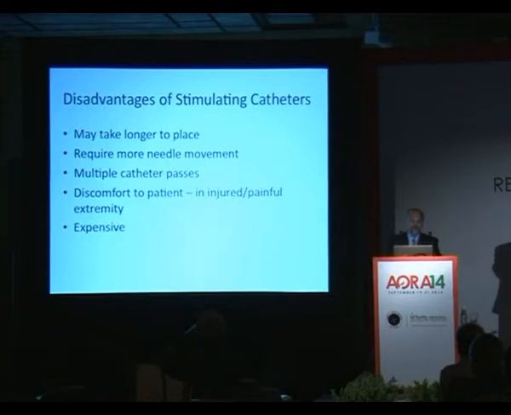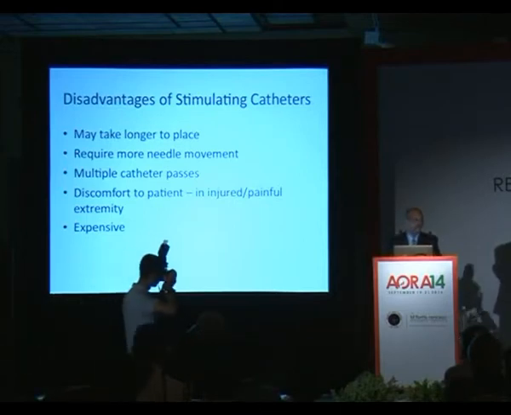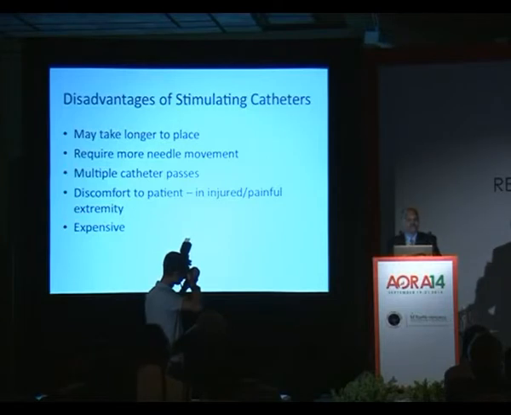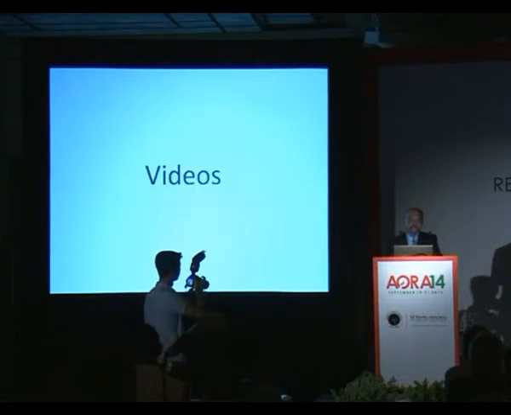So it may take you longer to place it. Also, if you're placing a catheter in an extremity that is injured or has a painful condition, eliciting those motor responses may be uncomfortable for the patient. And obviously, these catheters are slightly more expensive than the regular catheters. So these are some of the disadvantages.